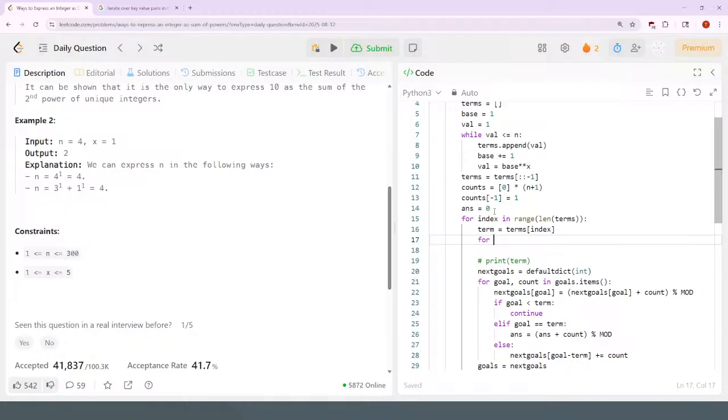Every index term. Every spot that is from term onwards, for k, for goal in range of term value onwards up to n, maybe n plus 1.